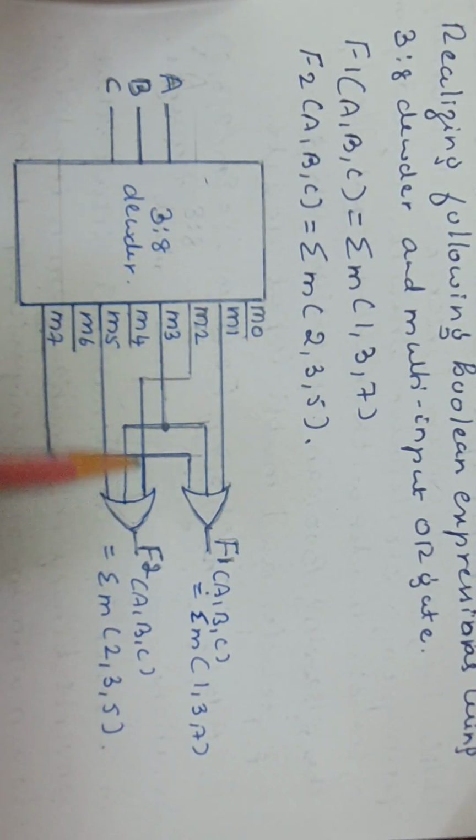Hence they are chosen and logically ORed, so we have logic 1 output at those minterm combinations. That is the implementation of F2 of ABC equal to sigma M of 2, 3, 5.